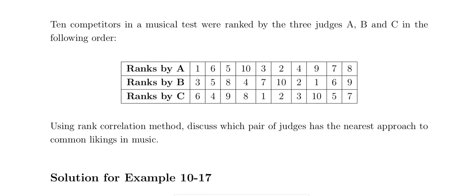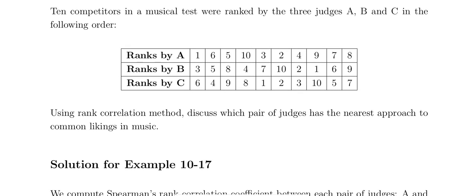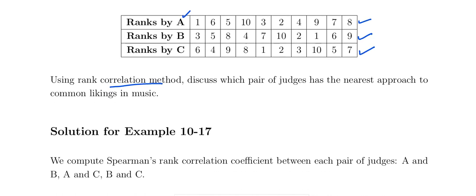The same way for three sets of ranks: the ranks for A, the ranks for B, and the ranks for C. Using the rank correlation method, how do we find the rank correlation?